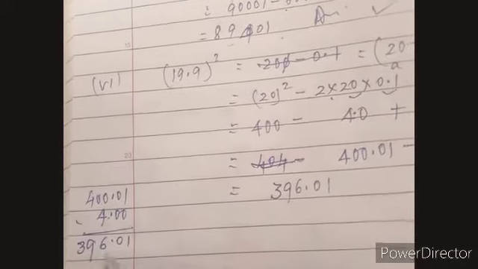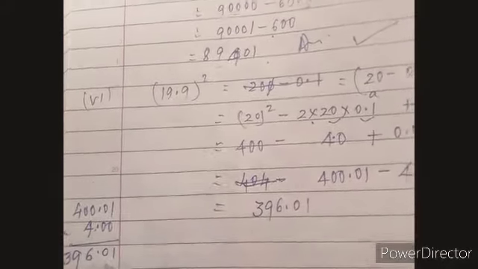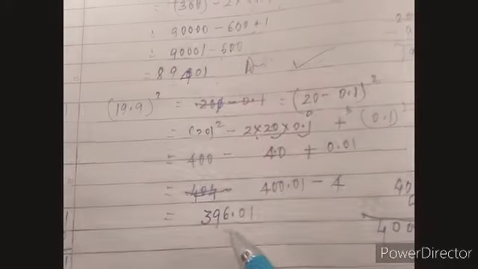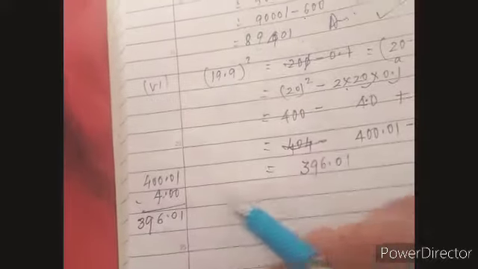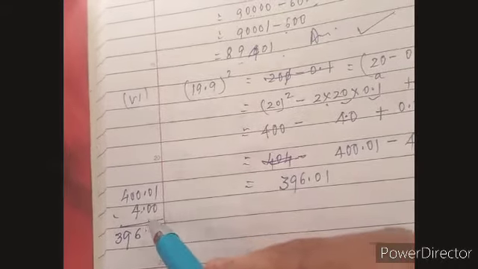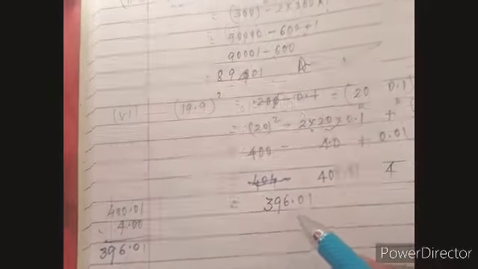So we are having 396.01. From here you may see 400.01 minus 4 is 396.01.